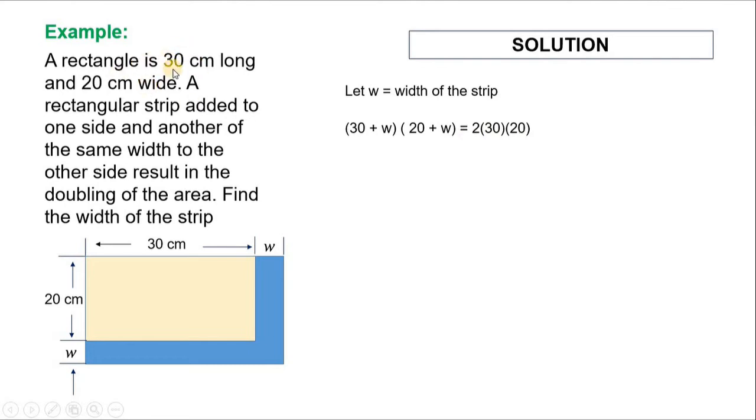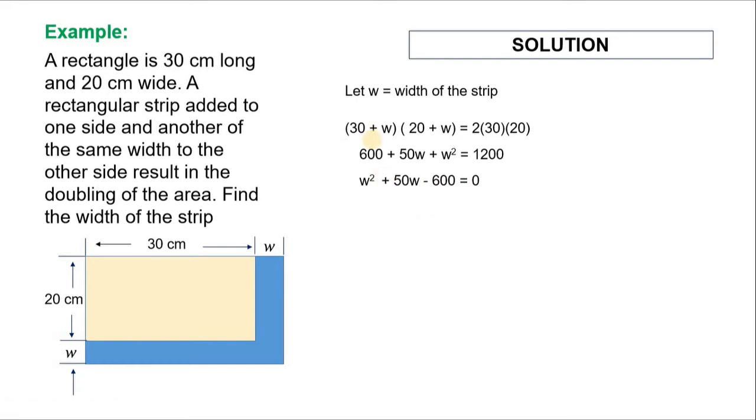The area of the original rectangle is 30 times 20, and doubling that, we multiply by 2. So we have 600 plus 50W plus W squared. Multiply these two binomials using the quad method or any other method. This is equal to 2 times 30 times 20, which is 1,200.